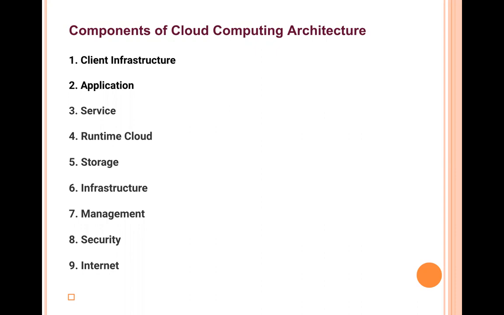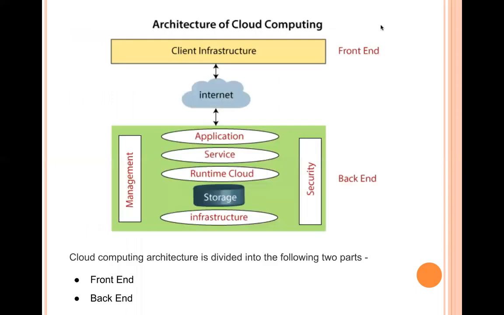Now the next component is the internet. The internet is the medium through which front end and back end can interact and communicate with each other. As we have seen, cloud computing architecture consists of two main parts: client infrastructure, that is the front end, and the back end. In the back end there are application, service, runtime cloud, storage, infrastructure, management, and security.